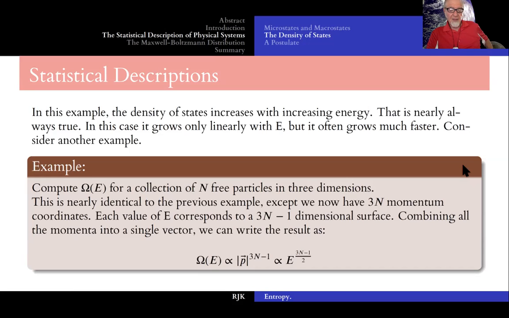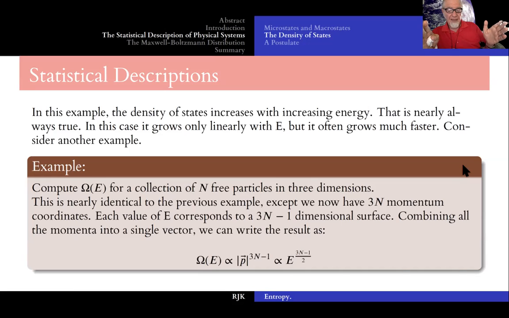For each energy state, the momentum of the collection of all 3n of them, so if we had 100 particles, that would be 300, you would simply take that vector of 300 values, dot it with itself, and take the square root, and that would give you the magnitude.